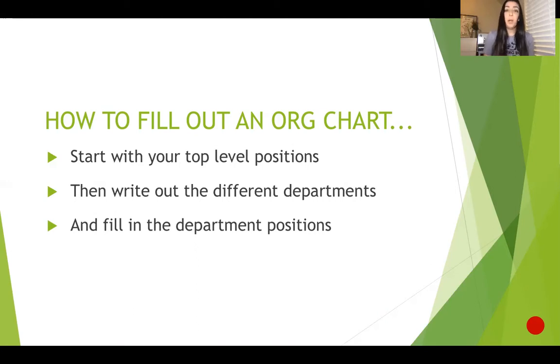And then your different departments. And the different departments could be things like your HR, your marketing, your sales, your research and development, accounting, all of these different departments that would play a role within your business. You might also have like a community service outreach, whatever the case is. Write out all of those departments first and then fill in the positions.